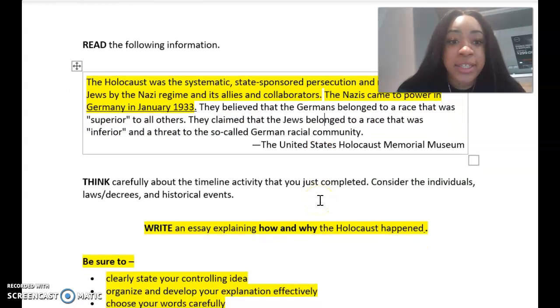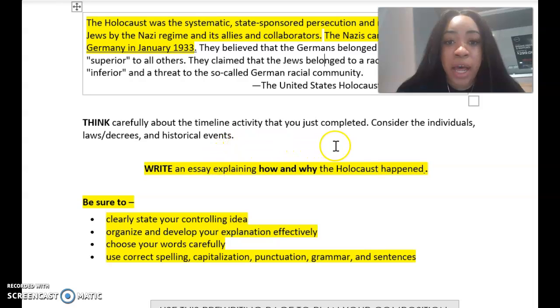Now, the next thing it says is think carefully about the timeline activity that you just completed. Consider the individuals, laws, decrees, and historical events. Write an essay explaining how and why the Holocaust happened. So let's pause here. Whenever we are writing an essay, we know that we need to turn the prompt into a question.